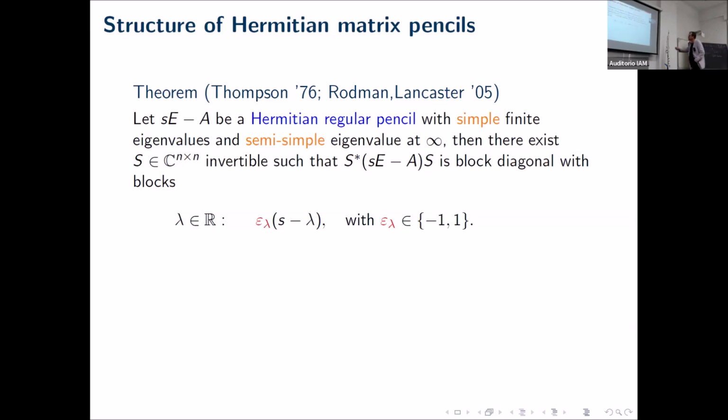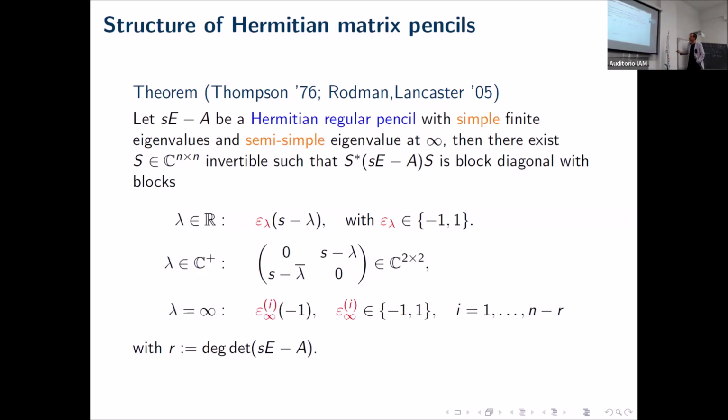And this canonical form is like the Jordan normal form, consisting of blocks on the diagonal. And the blocks have the following form. So these are the real eigenvalues.